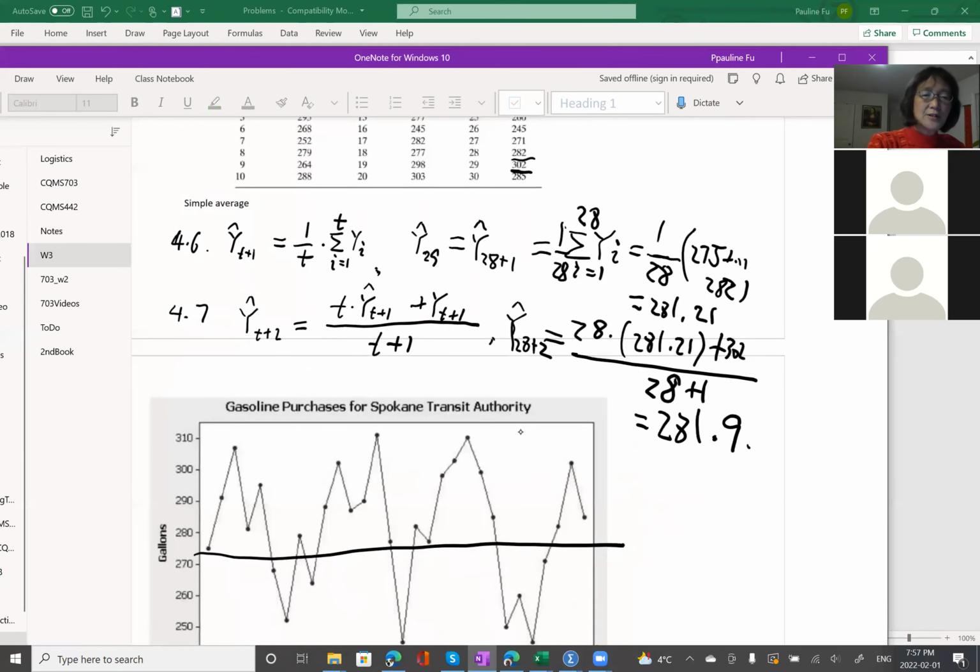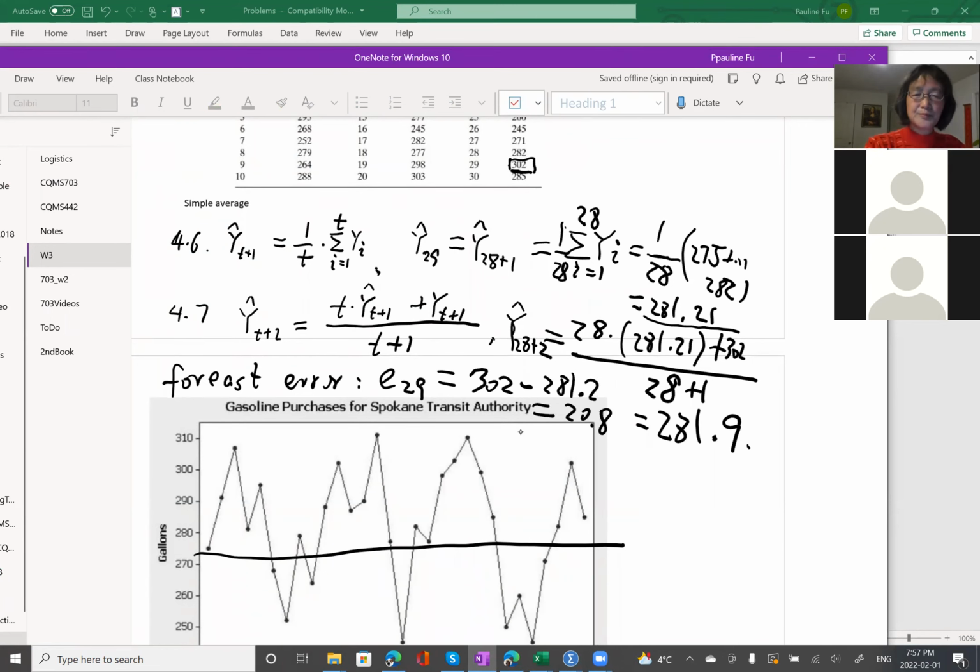The forecast error for week 29, E29, uses the actual data for week 29, which is 302, minus the forecast for 29, which is 281.2. So the forecast error is 20.8.